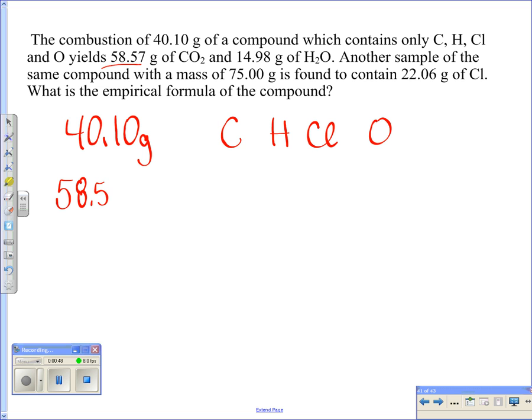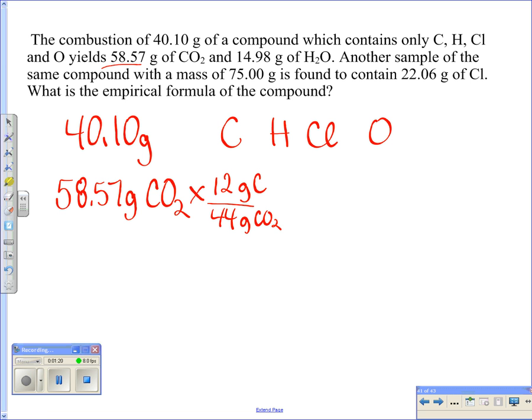They give me 58.57 grams of CO2. Well, I know that whenever we have a compound that contains carbon being burned in oxygen, 100% of the carbon goes into CO2. So if I know my grams of carbon in the CO2, then that's my grams of carbon in the compound. So I'm just going to multiply by the fact that CO2 has 12 grams of carbon for every 44 grams of CO2.